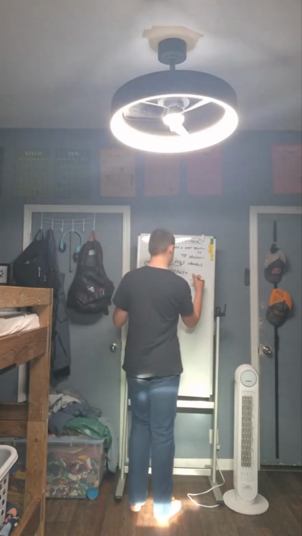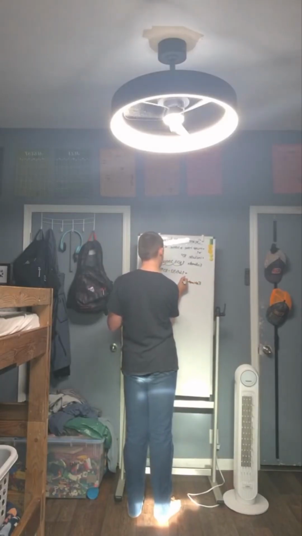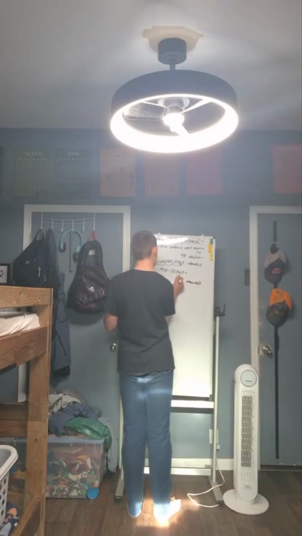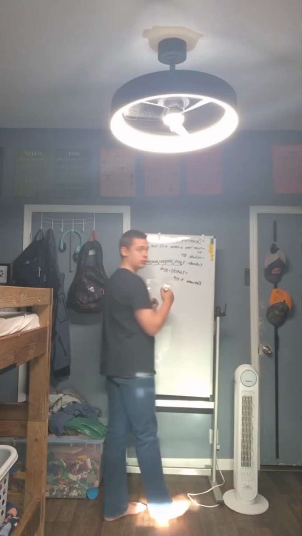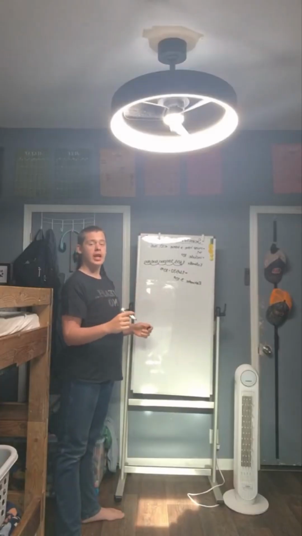Okay. Here's a number that's already in scientific notation. Estimate 3 times 10 to the power of 8. Okay. So I calculate how many zeros it has.